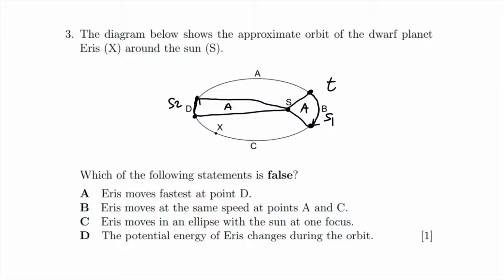Now, it's clear from the diagram that S1 is much greater than S2. We also know from Kepler's second law that if these two areas swept are the same, which they are, then the time taken for the planet to sweep out this section of the orbit is also the same.